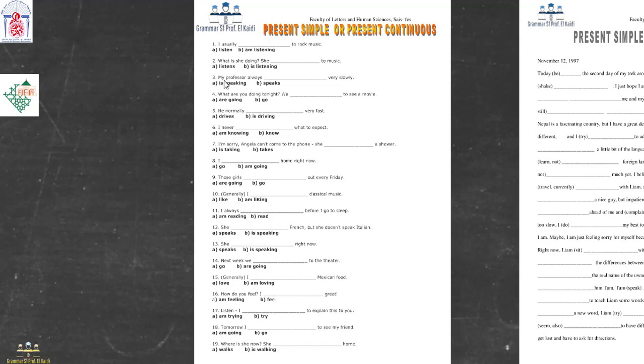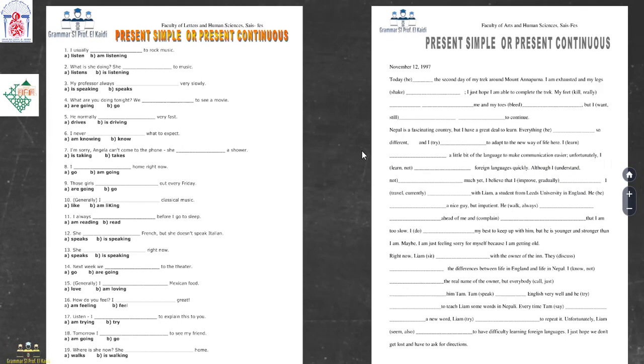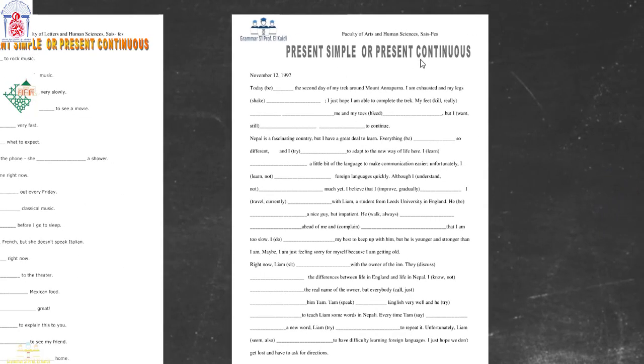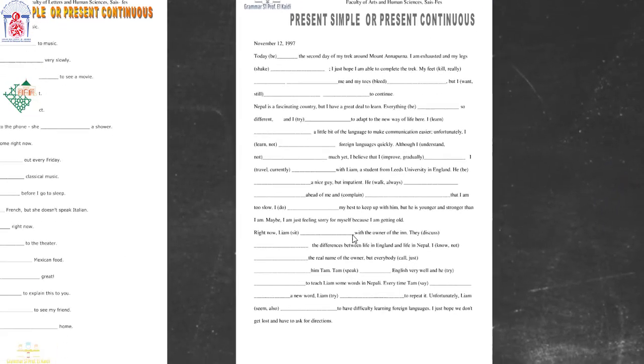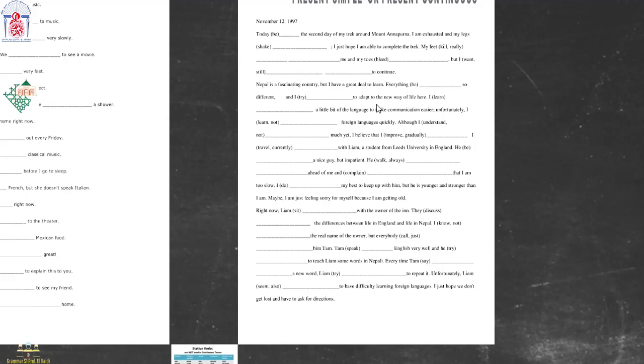Choose the correct one. My professor always is speaking or always speaks very slowly. So choose the correct one, etc. And the same thing here, present simple or present continuous. Now conjugate the verbs between parentheses either in the simple present or in the present continuous, depending on the context that you have. Okay?